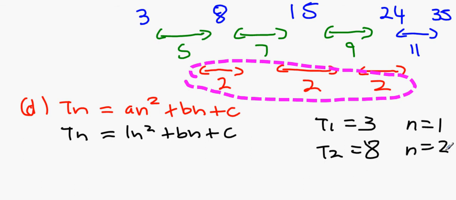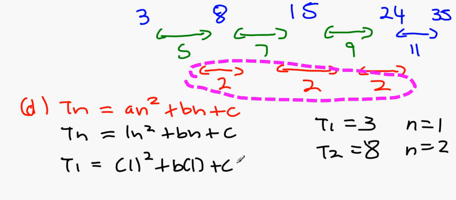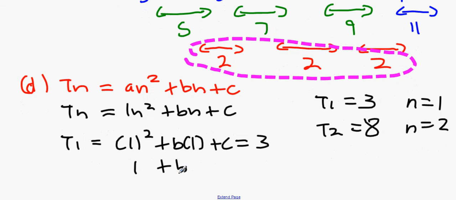So let's put them in. t1 is going to be 1 multiplied by 1 squared, plus b times 1 plus c, and that equals 3. So we get 1 plus b plus c equals 3. The 1 becomes a minus 1 on the other side, so b plus c equals 2.